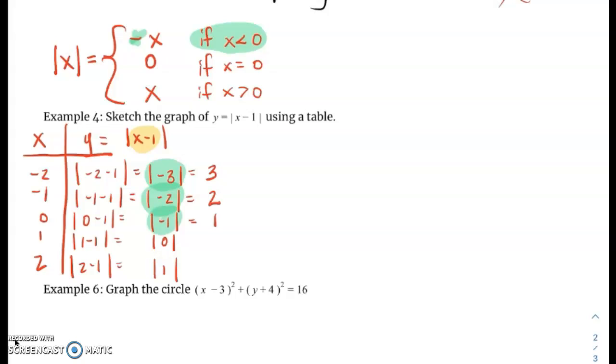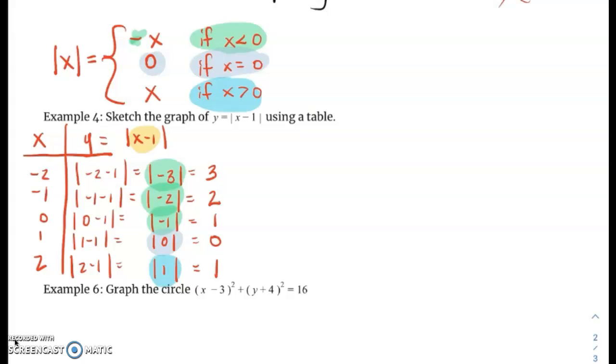Then let's look at the 0. We've got 0, which would be this piece of the piecewise function. If you've got 0, it just stays 0. And then you also have a positive, which would be this third piece. If you have a positive, it just stays the same number. It stays positive. So those are your values.